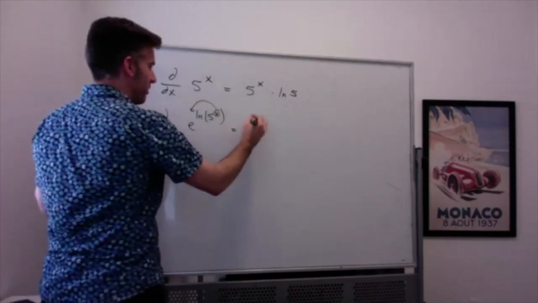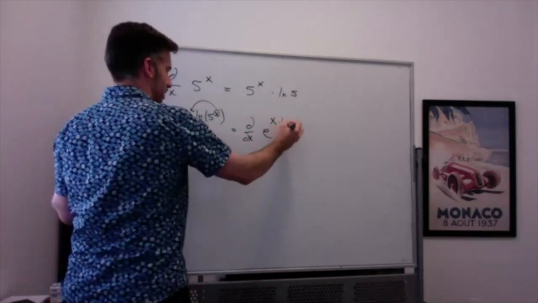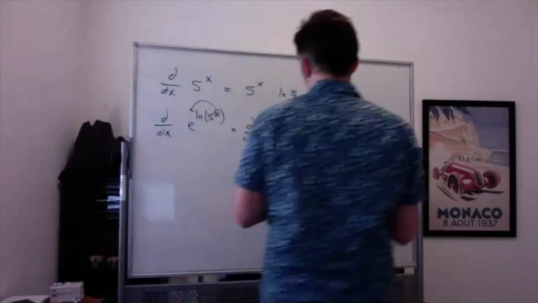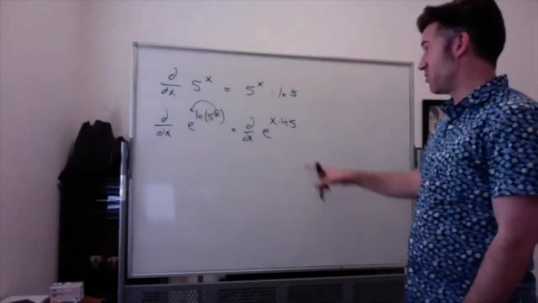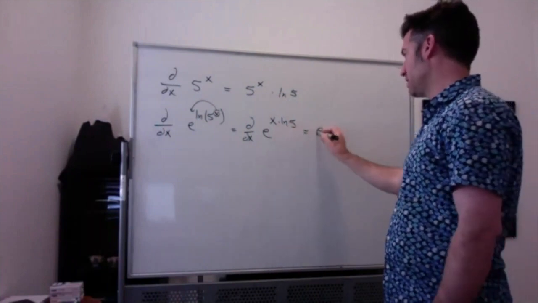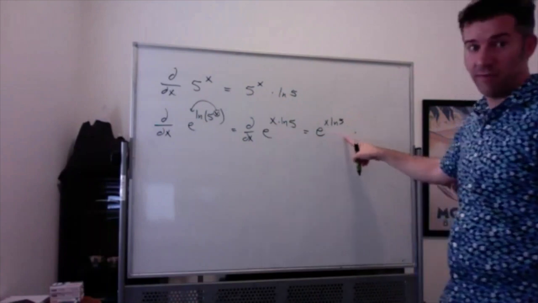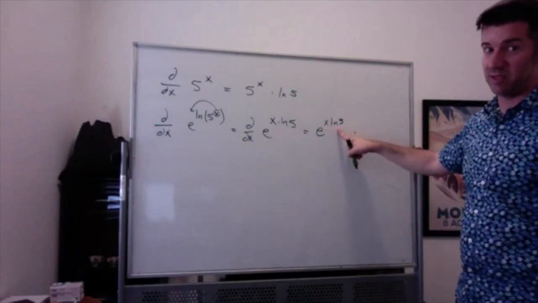So this is the derivative of e to the x times a constant. We know how to take the derivative of e to the stuff. The derivative of e to the stuff is e to the stuff times the derivative of that stuff. But the derivative of x times a constant, we've already talked about this at length just a few minutes ago.